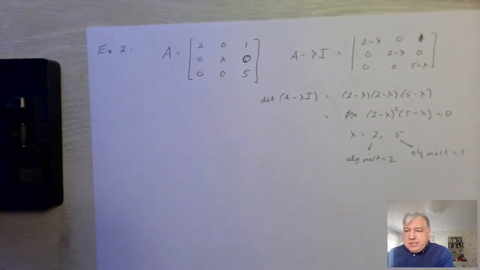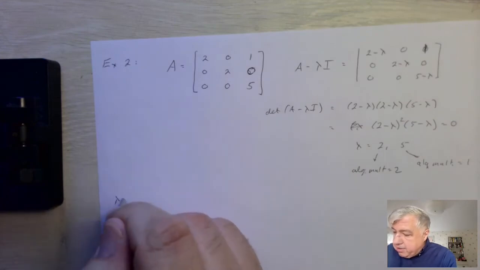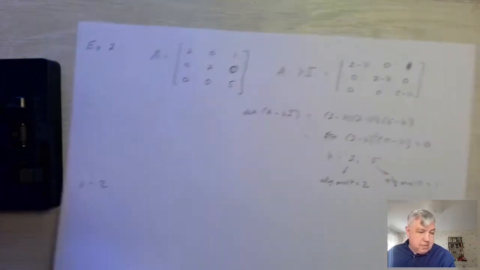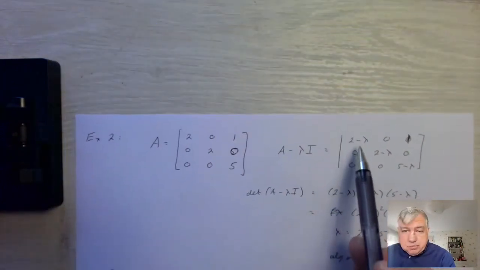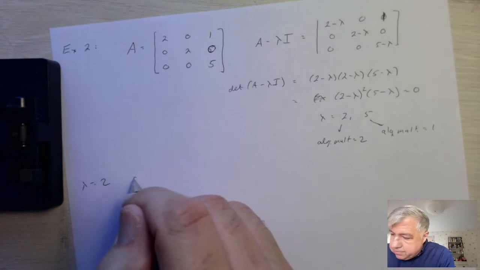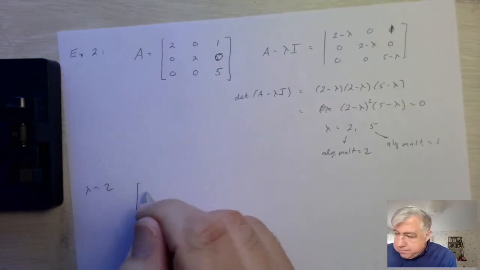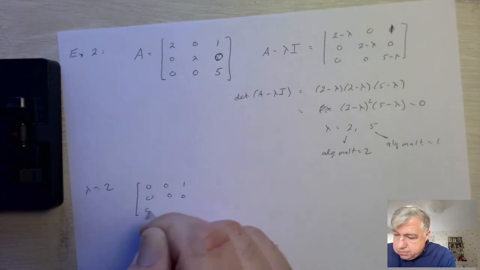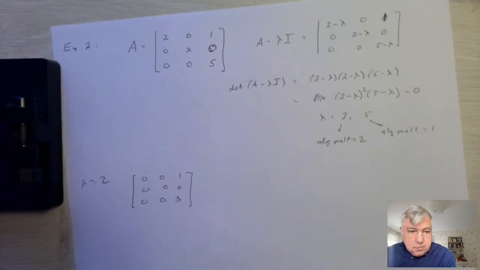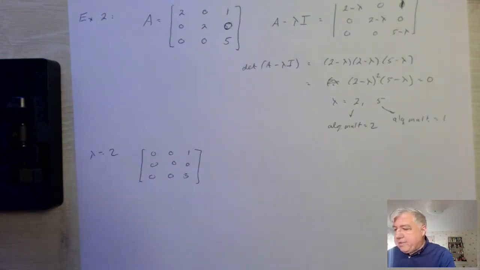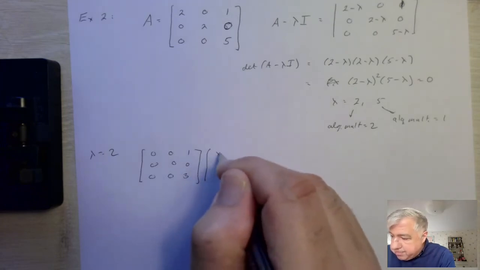To find the eigenspaces, if lambda equals 2 and we plug that in, we get 0, 0, 1; 0, 0, 0; 0, 0, 3. So that's A minus lambda I when lambda is 2, and we want to find the null space.